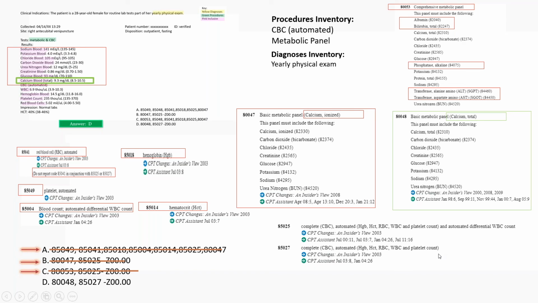Why did I select that? 85025 is also coding for an automated differential WBC count, while 85027 is not. We are not having automated differential WBC in any of the lab results. We had a WBC, but we didn't have an automated differential WBC count. So option D will be the correct one, 80048 and 85027.